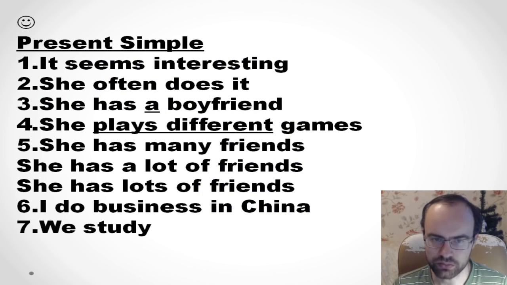Good. So, present simple. It seems interesting. She often does it. She has a boyfriend. She plays different games. She has many friends. Or she has a lot of friends.